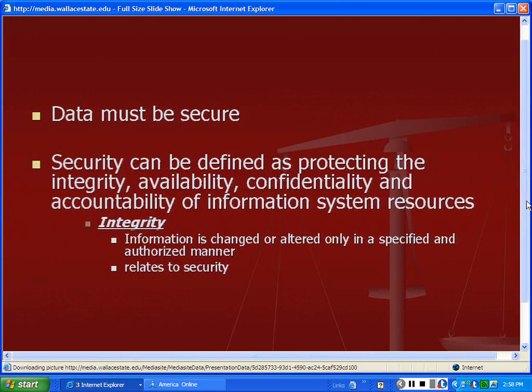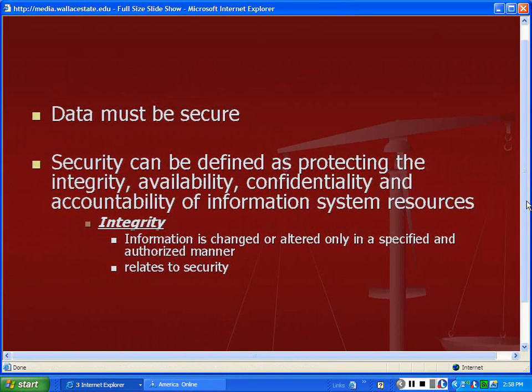But let's kind of key in on integrity. What I mean by integrity of the data is that the information is changed or altered only in a specified and authorized manner. And this is part of security.